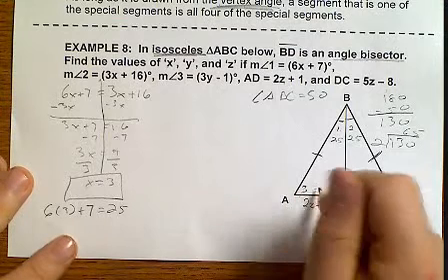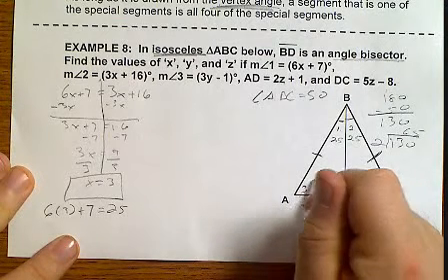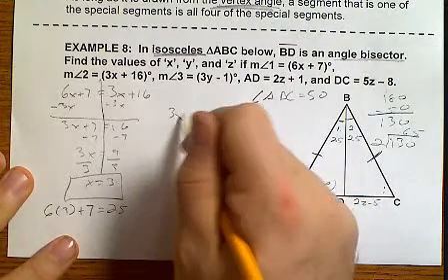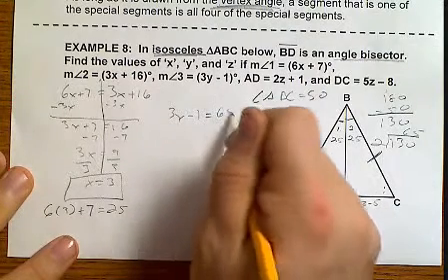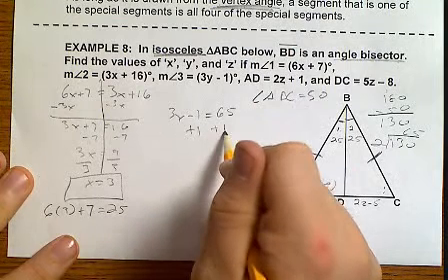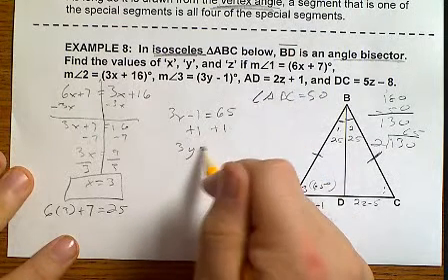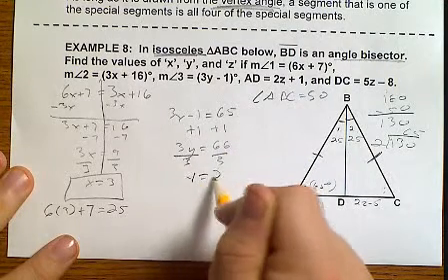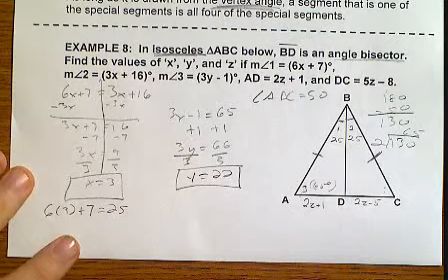So this one is 65 degrees. So 3y minus 1 equals 65. Add 1. 3y equals 66. Which means that y equals 22.